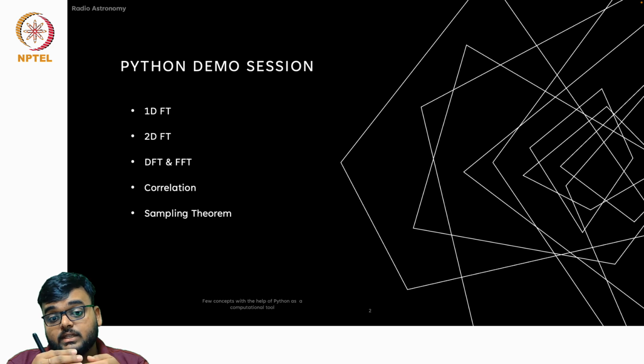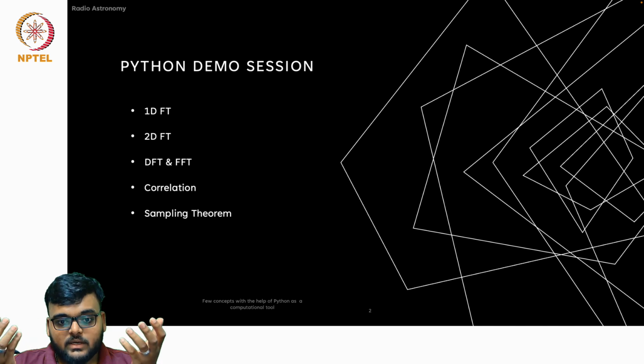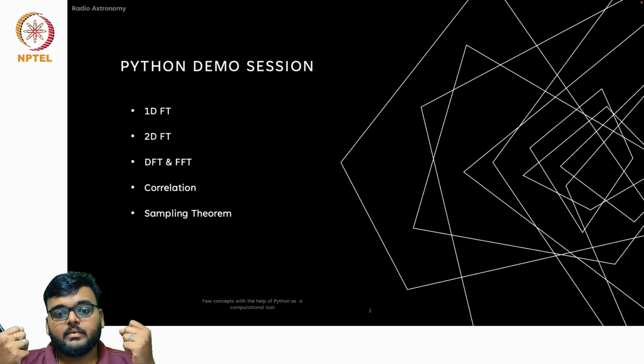We will also see what is DFT and FFT. We will discuss a bit later why DFT and FFT. After that we will learn about something called correlation, as you might have also covered in this or the previous week, that if we want to go for the interferometer technique, we have to correlate 2 signals.